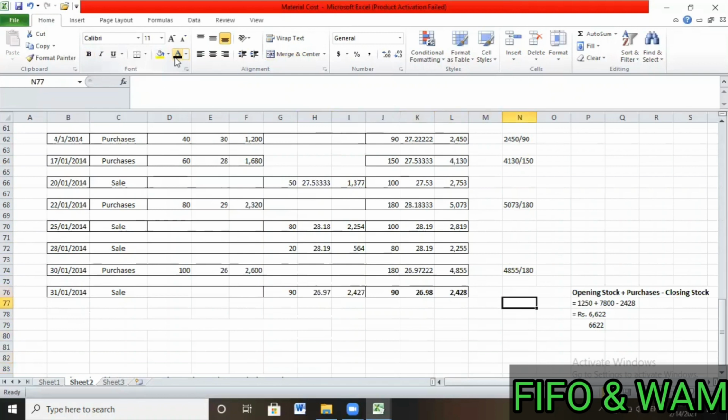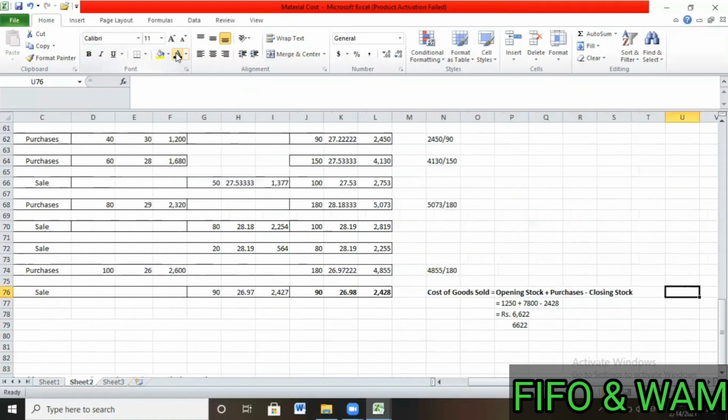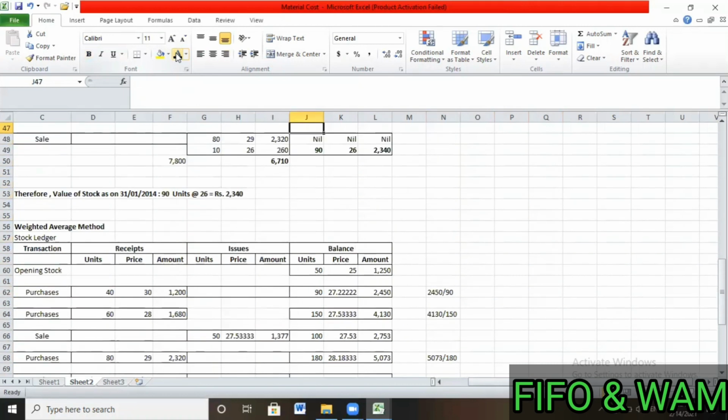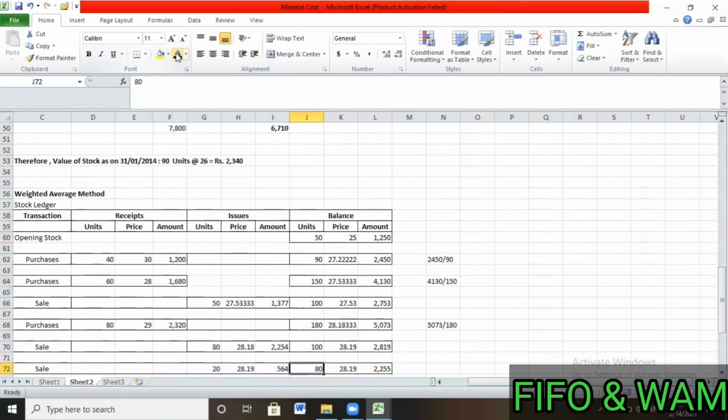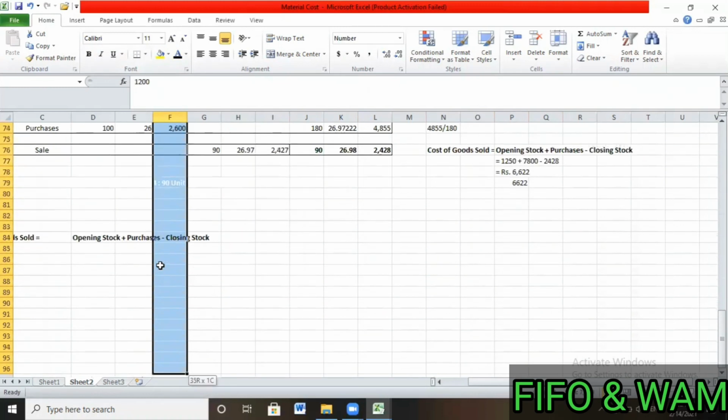Now we are calculating the cost of goods sold with the help of the formula: opening stock plus purchases minus closing stock. Everything is the same. Opening stock is the same, purchases are the same, but closing stock is different. The last time opening stock was 1250. Again we have the same, and the purchases are the same, 1250, and the tally amount of purchases is there.